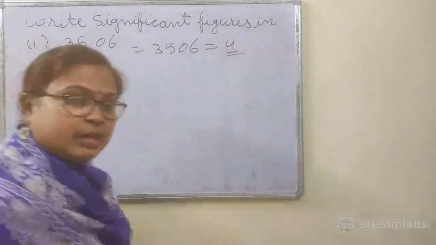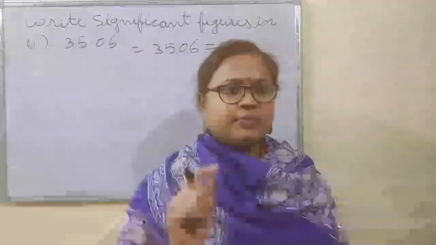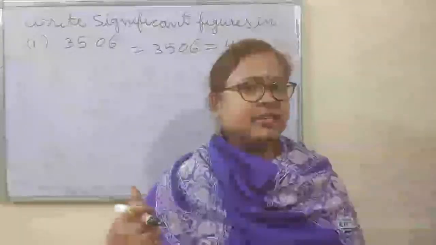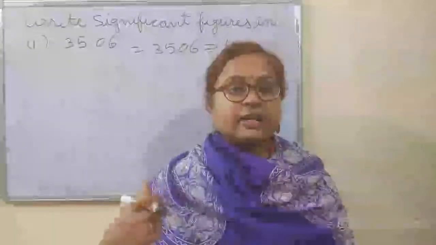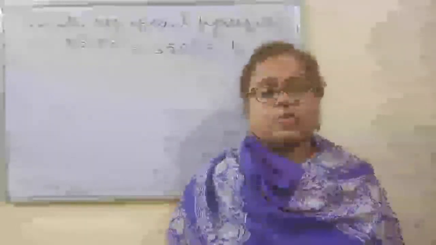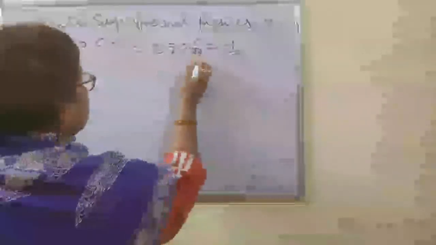Very easy. But what is important here? There is no process, but you have to keep something in your mind, which I am telling you regarding this type of question. In significant figures, we ignore the decimal. So the significant figures are what? 4. 1, 2, 3, 4.